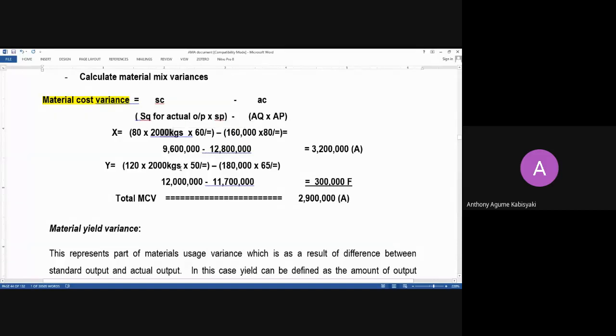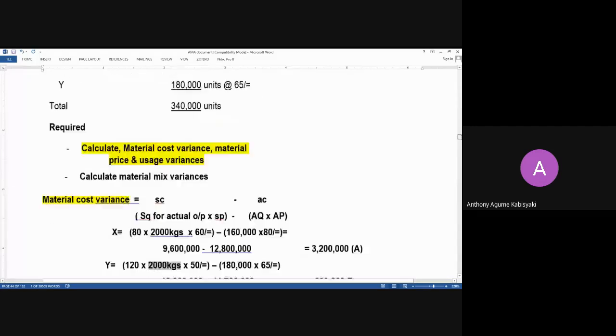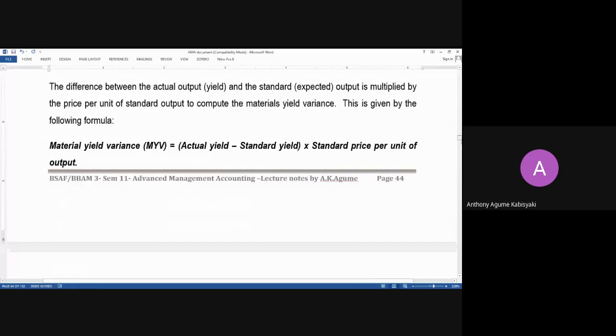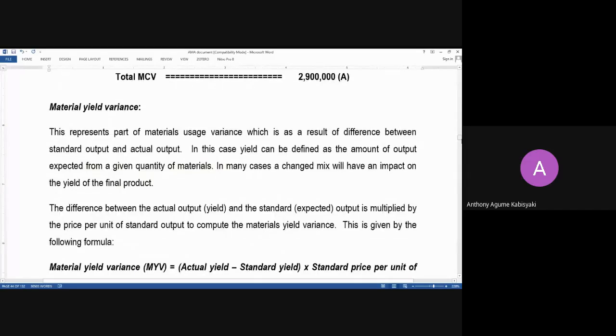That's why I'm multiplying by 2,000 kilograms. So this is the actual output which is given here. The actual output is 2,000. And then how do I get my standard quantity for actual output? Get the standard quantity in units, multiply by the actual output, so that you get your standard quantity for actual output.